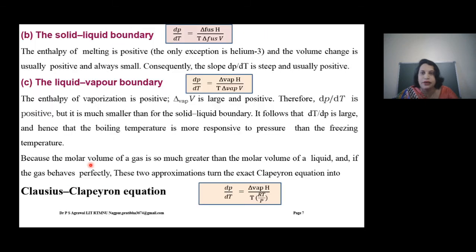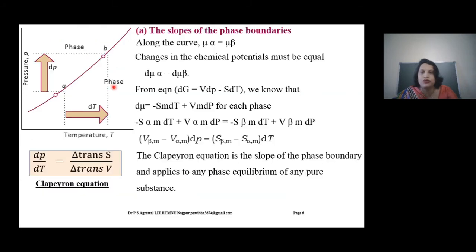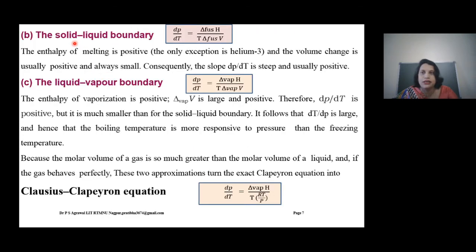Now we will see the solid-liquid boundary. In this equation, we are taking only two phases, alpha and beta, irrespective of solid, liquid or gases. We are just considering two phases. Suppose we are considering the solid and liquid, then the solid-liquid phase transformation means melting, fusion. So we just have to replace this delta transition with delta fusion.